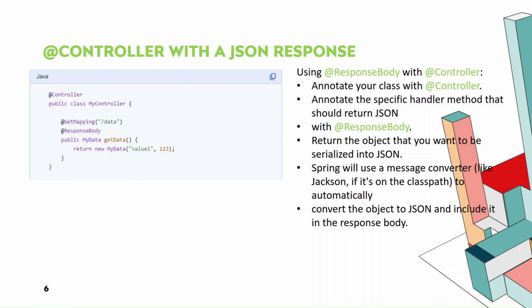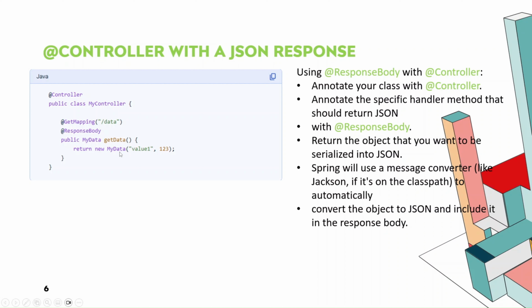Now by using the controller annotation, let's return a JSON response. Just now we returned a string response. Let's return a JSON object which has 2 attributes. I will use the same existing controller class. On top of that, we will have the controller annotation, and we'll have response body at the method level, and we are going to return a JSON object.